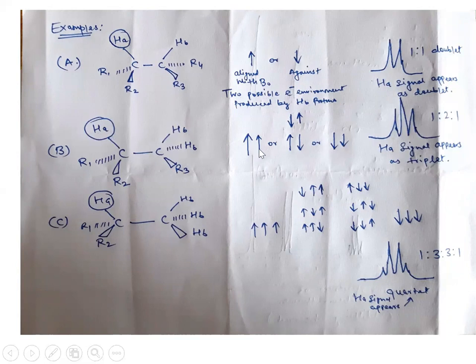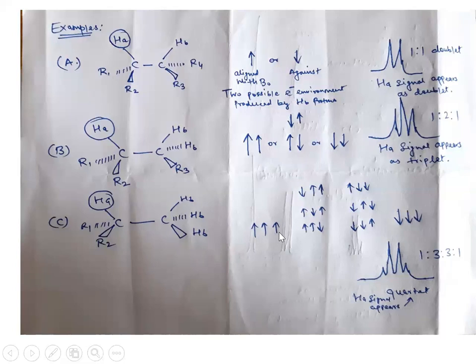Okay. Third example, this HA proton is in close proximity to three HB protons. These HB protons are different from HA protons. So the signal of HA protons will be split in this way because the possible electronic environments produced by HB protons will be in this way.